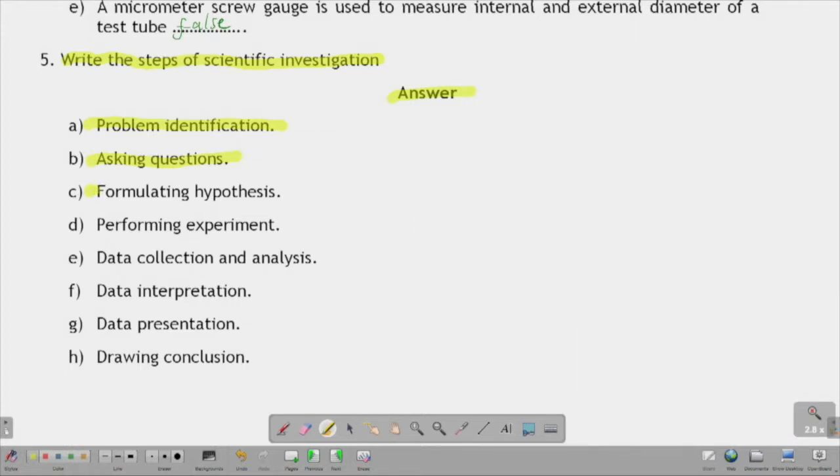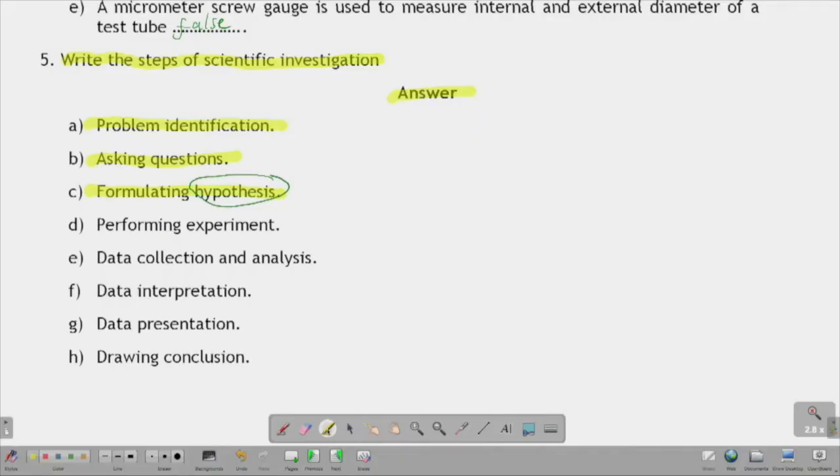And then the third step is going to be formulating hypotheses. This word hypothesis here means an intelligent guess. So you are trying to guess the answer. Maybe, yes, the mass of my bob affects the time period, or the mass of the bob does not. You make your own guess.